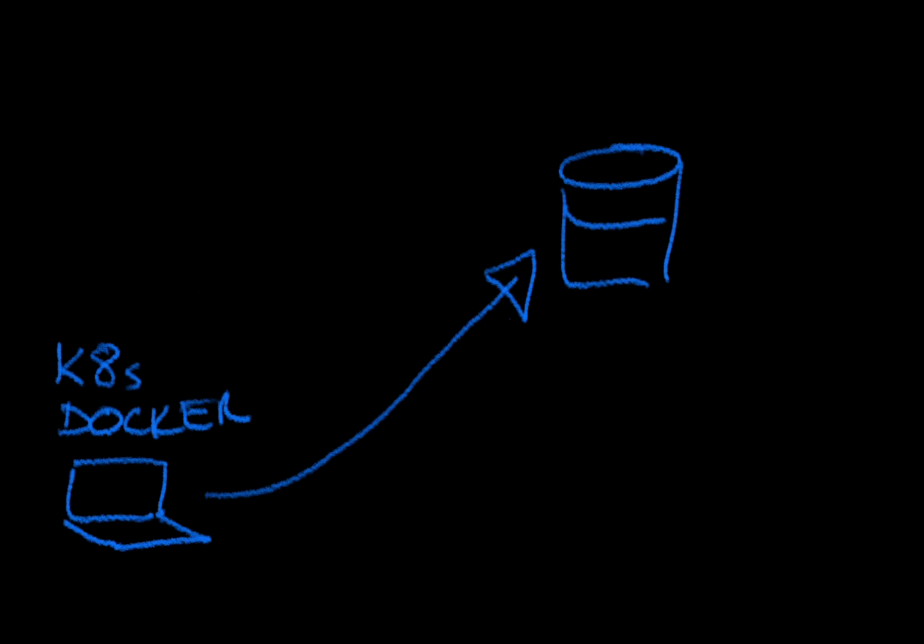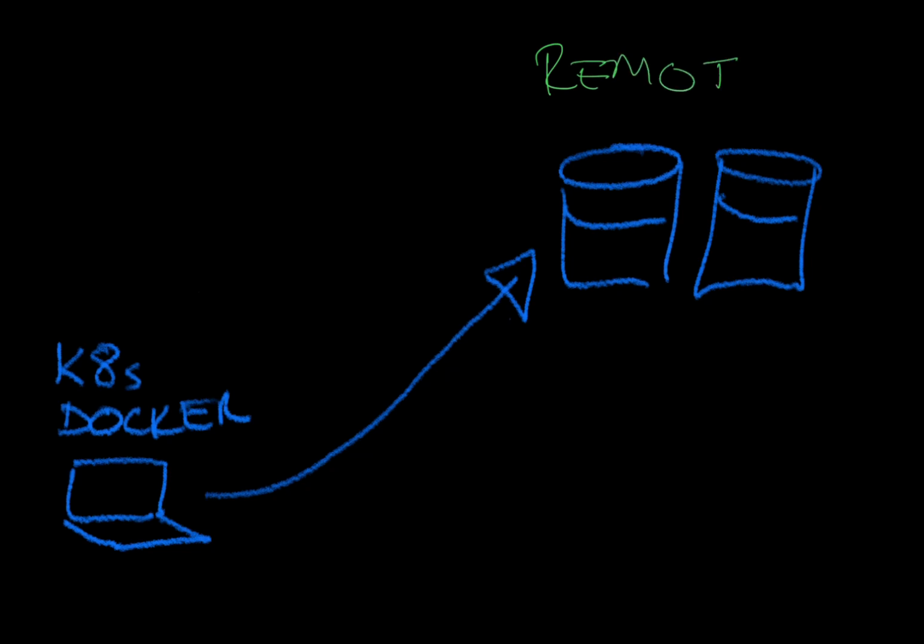And the idea is that I want to use the same commands in the CLI, but communicate all the way here with a remote cluster of Kubernetes all the way there, right? So remote, we're gonna put here remote Kubernetes.